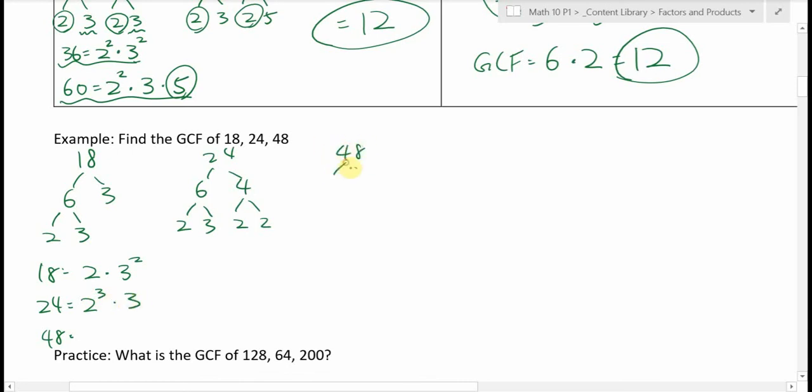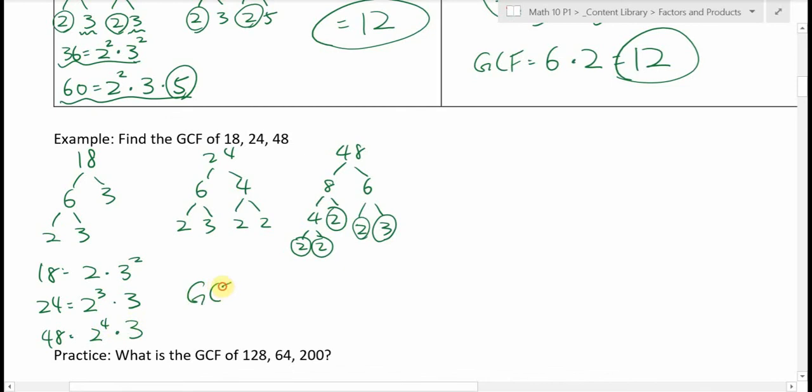Finally, 48: 8 times 6 is 48. 8 is 4 times 2, and 4 is 2 times 2. Now the tree is getting bigger, so I would circle the numbers at the end of each branch so I don't miscount. 48 is 2 to the power 4 times 3.